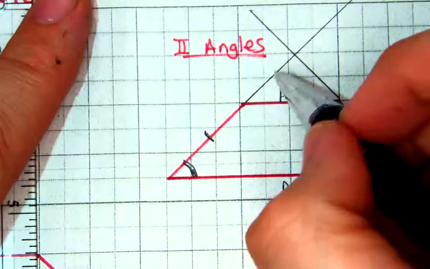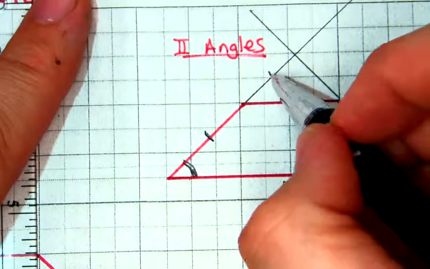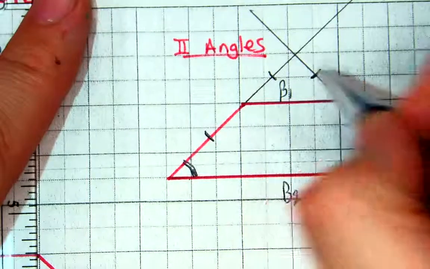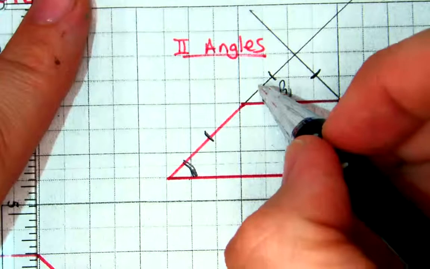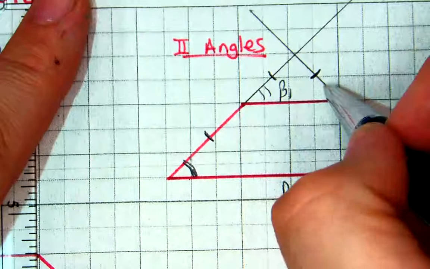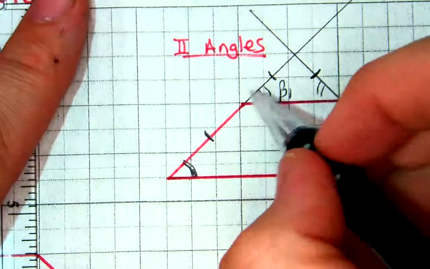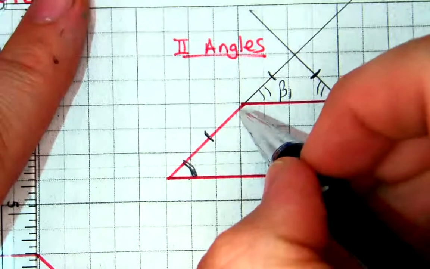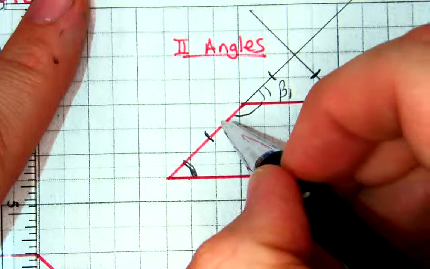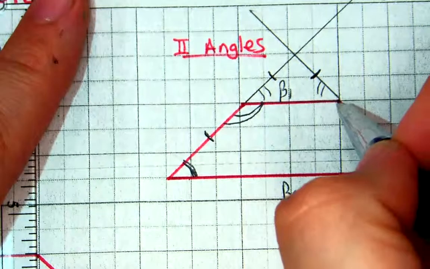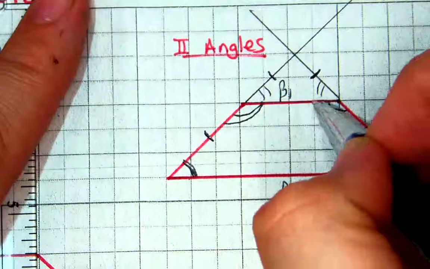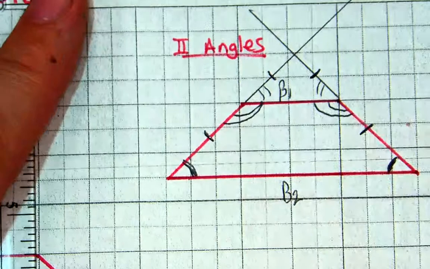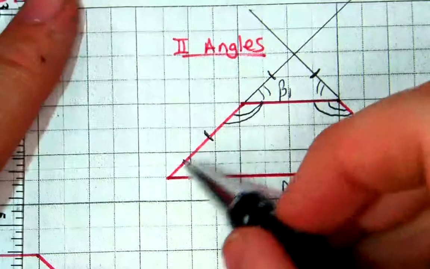If we continued up, we still have an isosceles triangle here, which means these two angles are congruent to each other, and they're supplementary to the same angles. These two angles have to be congruent to each other as well.